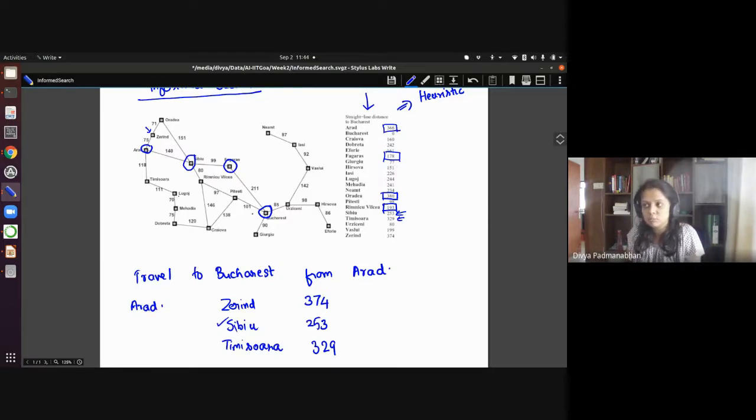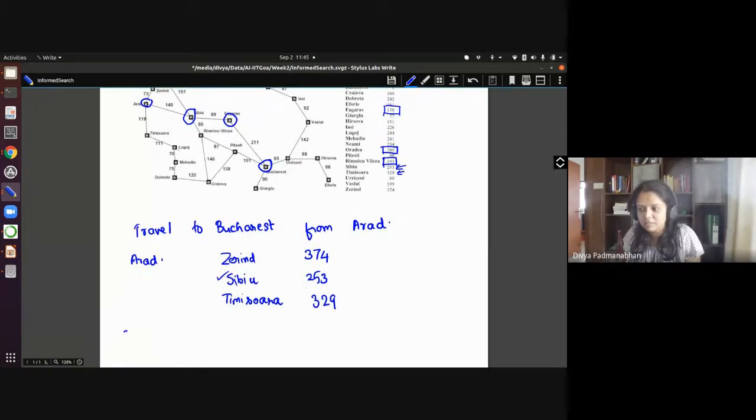So you will choose Bucharest, because then you will immediately reach there. So this is the path you would take. This is the most intuitive way to do it, and this is what is called a greedy best first search. Greedily you choose based on the heuristic.